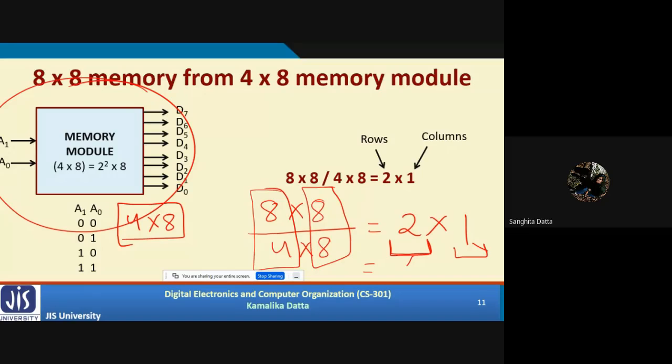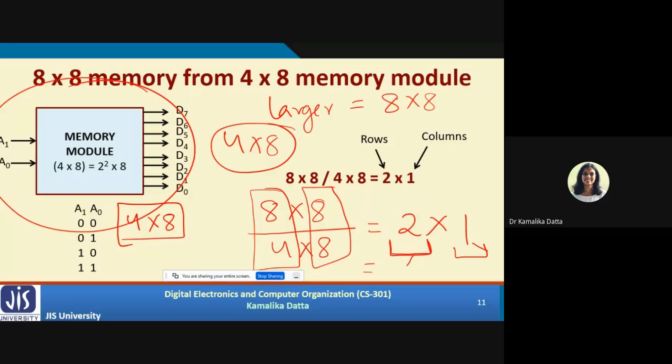Yes, ma'am. So basically, again try to understand, we need to build a larger memory. The larger memory here is 8x8. But we do not have a module of 8x8, but we have a module of 4x8. So using this 4x8 module, how can we build an 8x8 module?